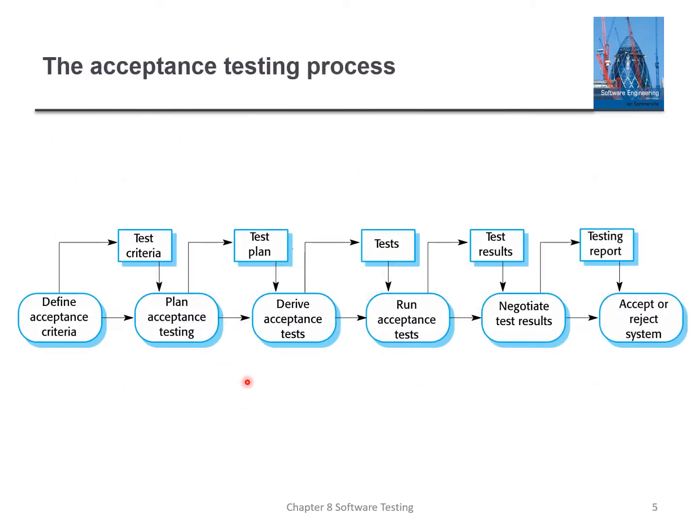Okay, these are the processes done in acceptance testing, where first you need to define the acceptance criteria. This is normally done early, even before the contract is signed between the customer and the developer. So it is a bit of a challenge because at this point the requirements are not ready, right?